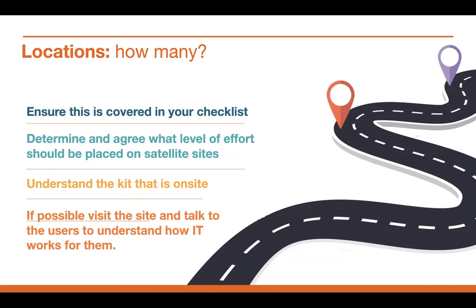If you then have to send them to a second site, that's another day out of the business that engineer is not earning money. So make sure that this is picked up in the sales process. No doubt it will be, because the sales team will be keen to ensure that they cover the whole estate. And then you can talk about how you're going to cover that as part of your onboarding.